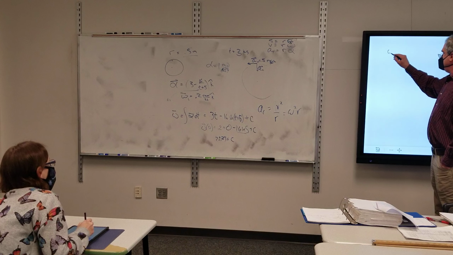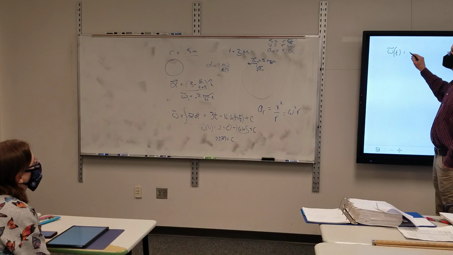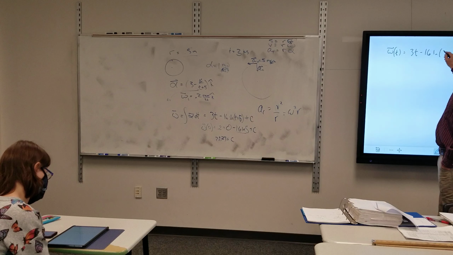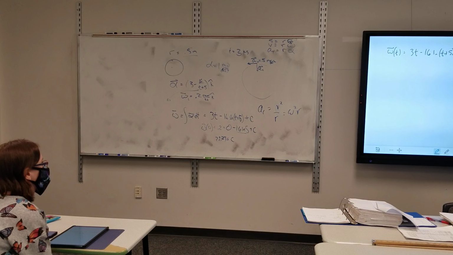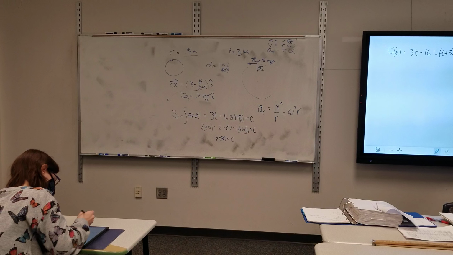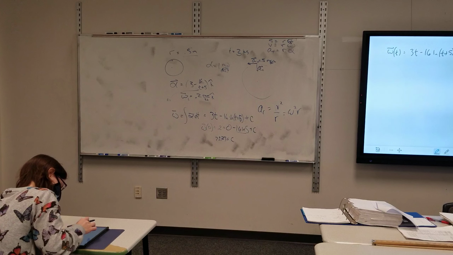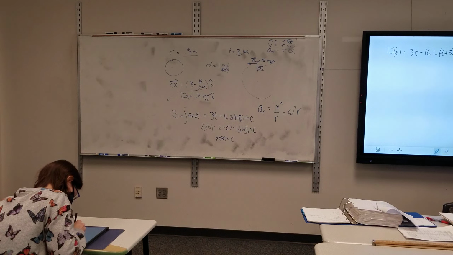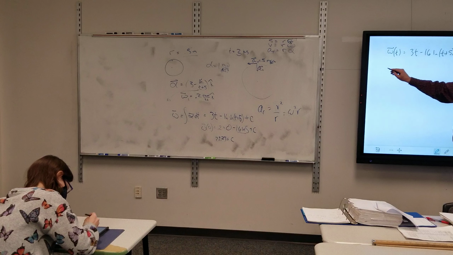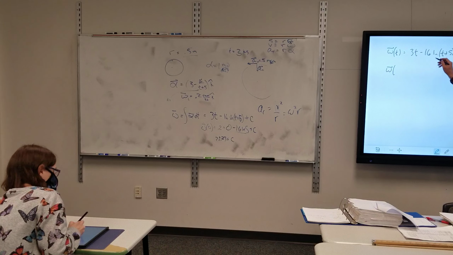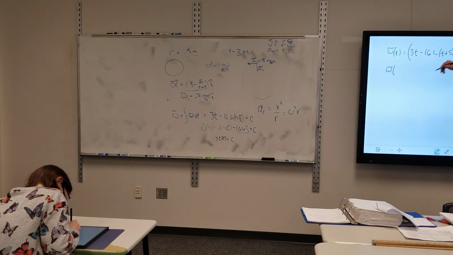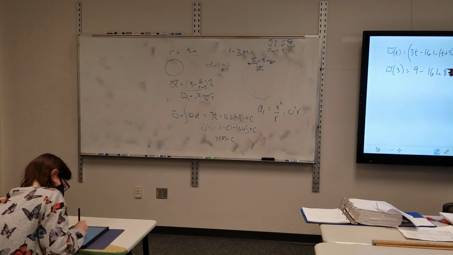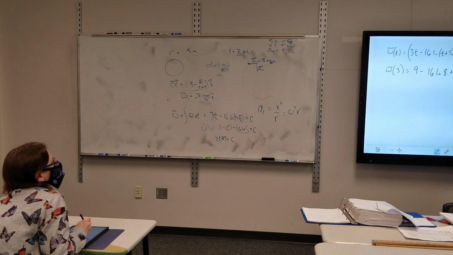So we now have a formula for omega as a function of time: 3t minus 16 natural log of t plus 5, plus 25.751. Don't forget, if the question asks for the formula, don't forget units for the constants. And I want to know at 3 kiloseconds, so this becomes 9 minus 16 natural log of 8 plus 25.751.